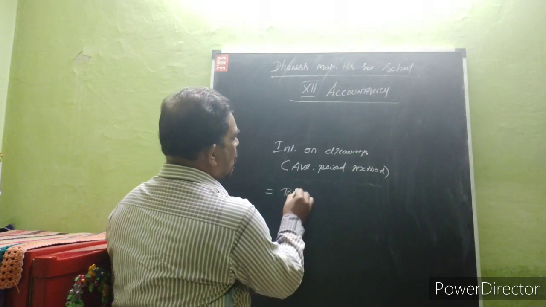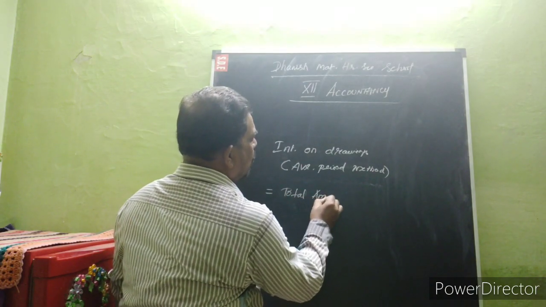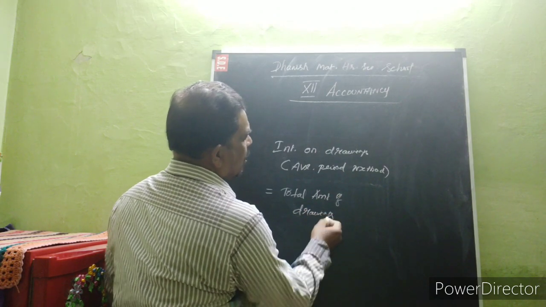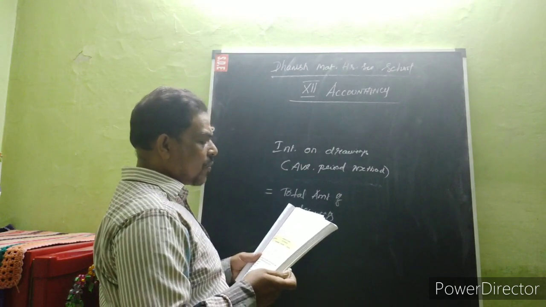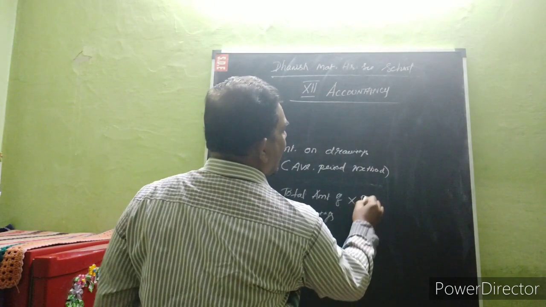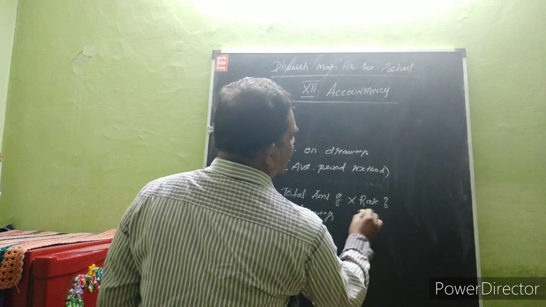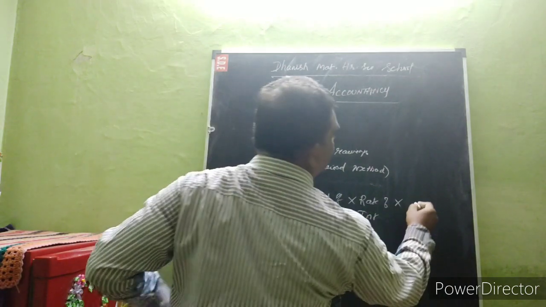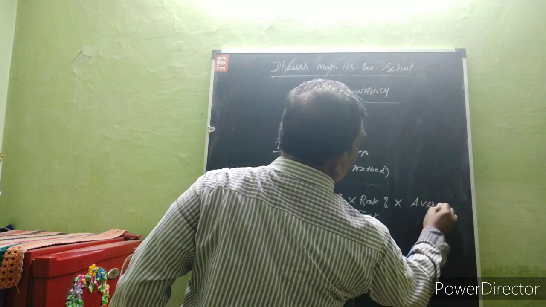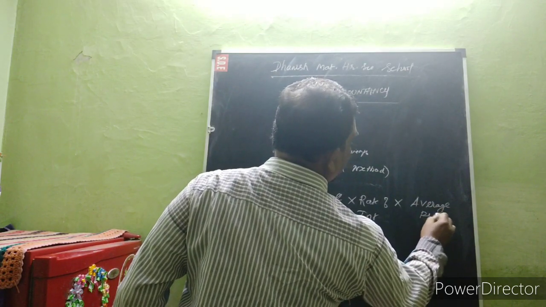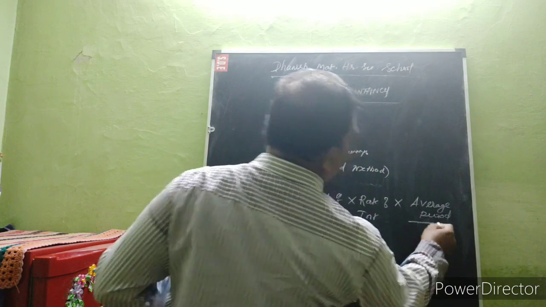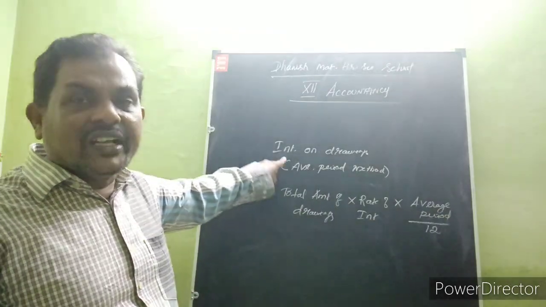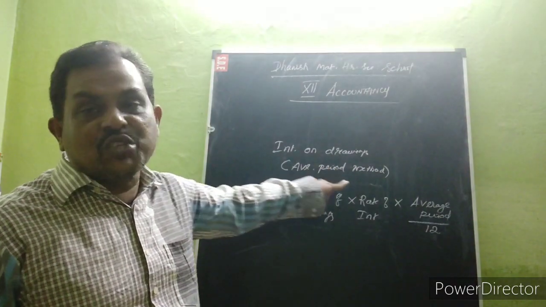See, total amount of drawings, that is how much amount they have taken, into rate of interest, into the third one, average period, divided by 12. Listen very carefully. This is the formula for finding out the interest on drawings under average period method.